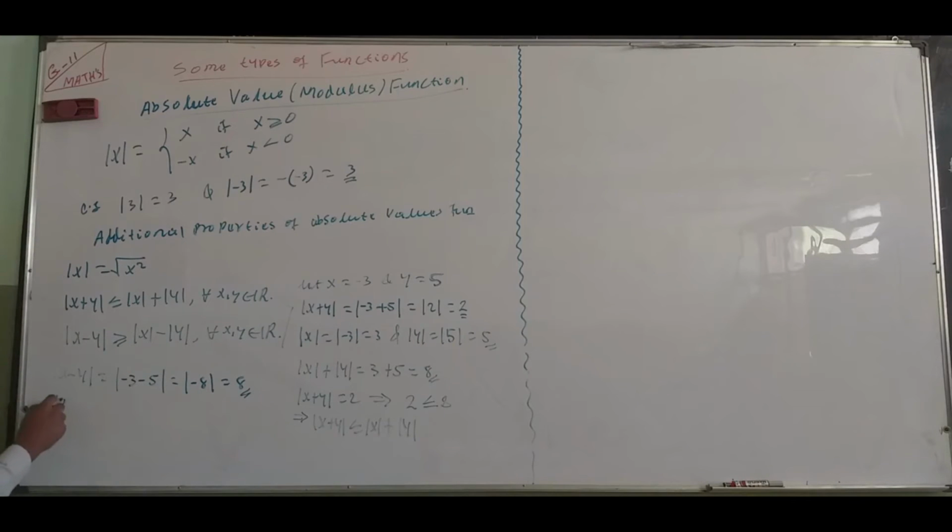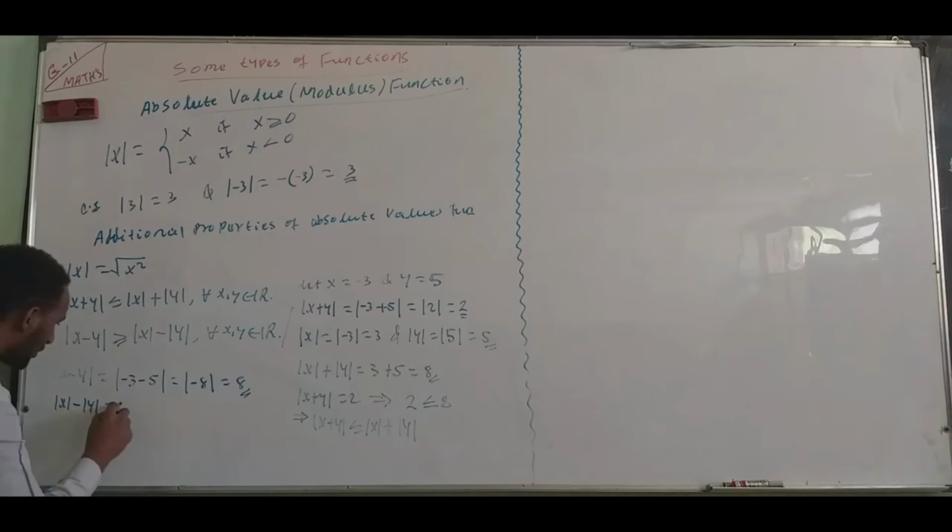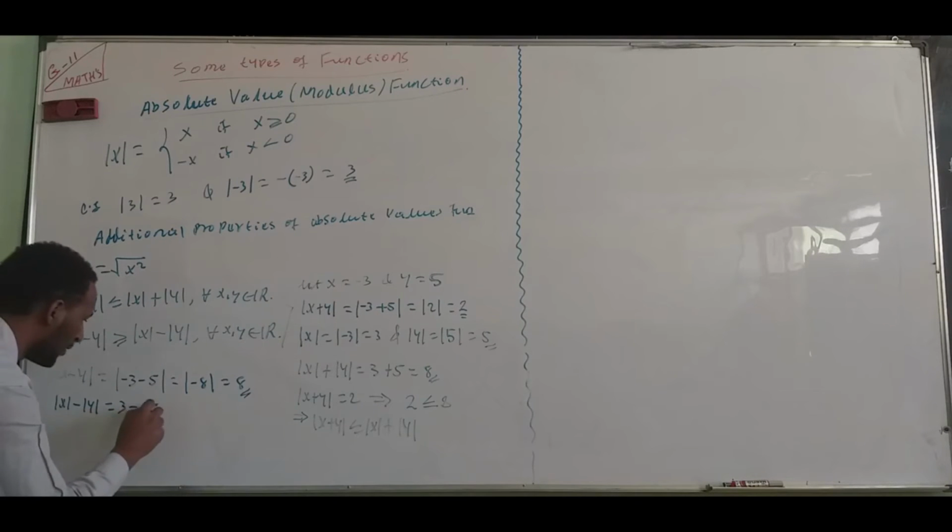And absolute value of x minus absolute value of y equals 3 minus 5, which equals negative 2.